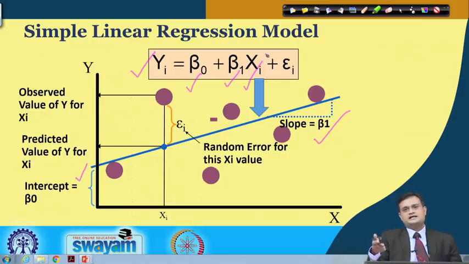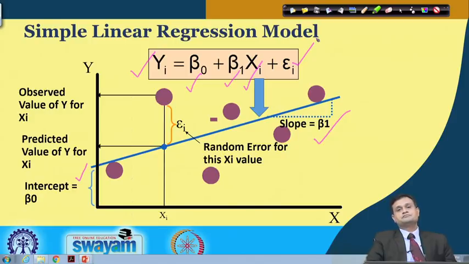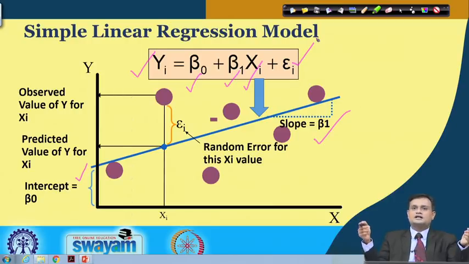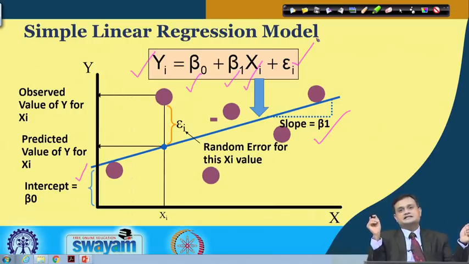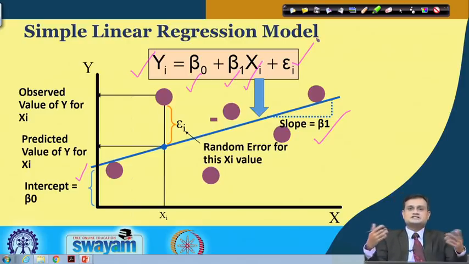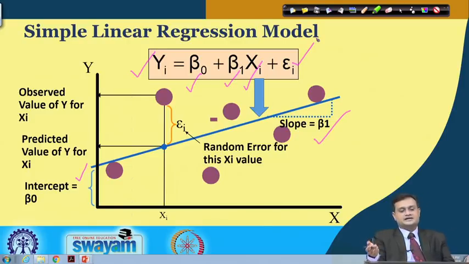You can put as many xi as are relevant to your dependent factor. Here it is yi, and you have something called epsilon i. In the coming lecture we will see that epsilon i is basically the error, which has a lot of importance in analyzing the quality of my regression model. So, we will see the validity of the regression model in the next lecture, but remember that this epsilon i has a lot of value, and predicting the error associated with the regression model can give me a lot of insight into the quality of my regression model.